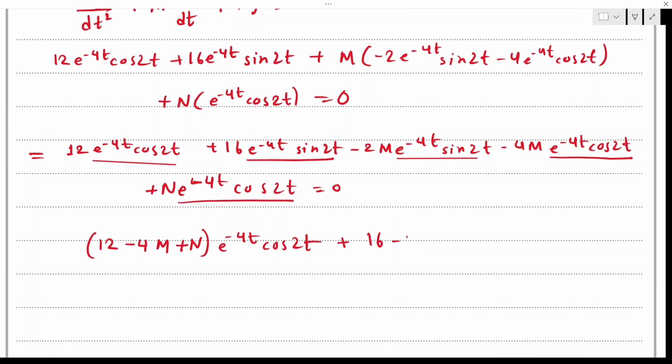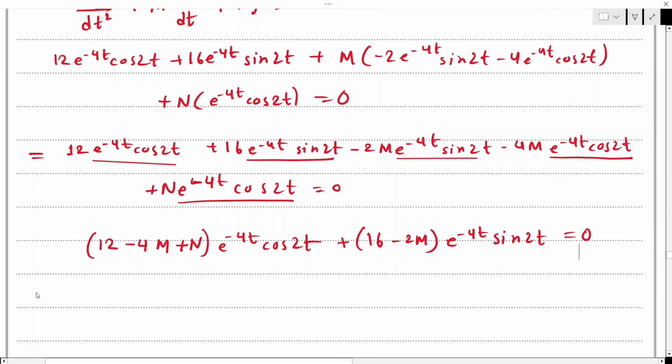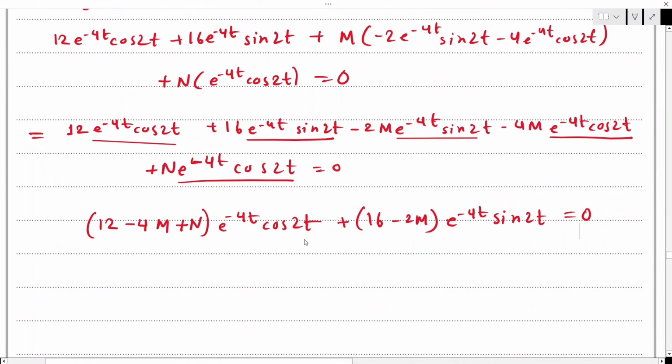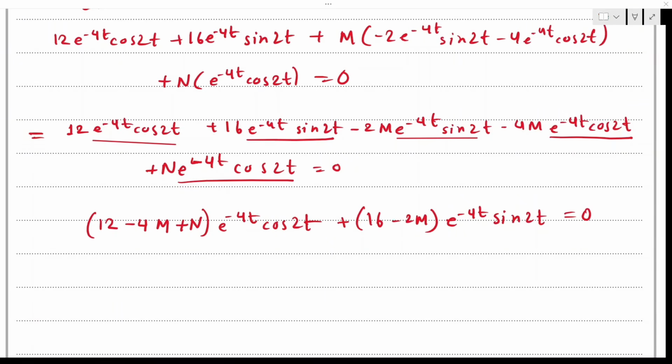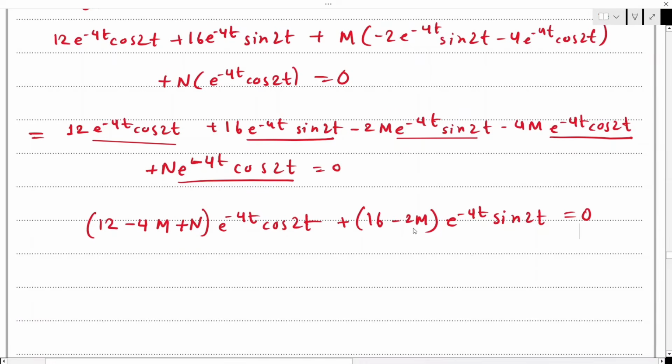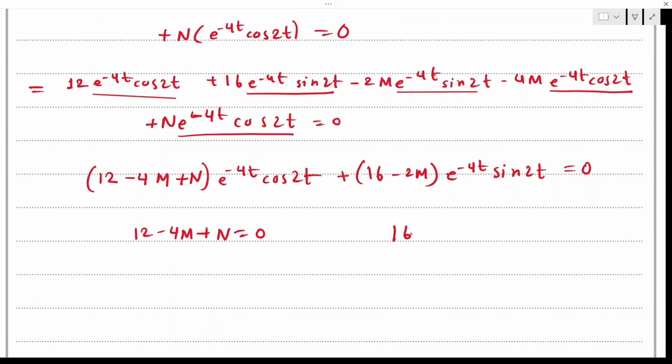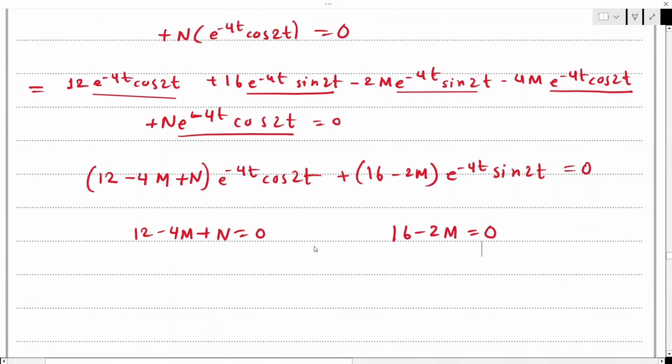So plus 16 minus 2m, times e^(-4t) sin 2t is equal to 0. Now, as the summation of both of these terms is 0, from this we can say that 12 minus 4m plus n is equal to 0, and 16 minus 2m is equal to 0.